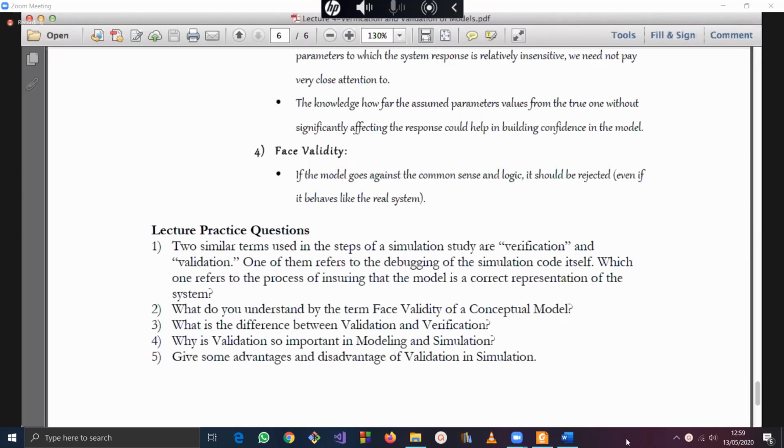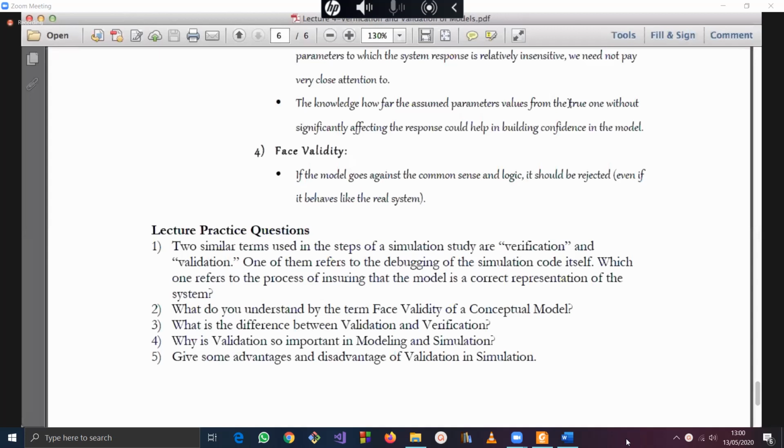Okay. Thank you, Mbali. Maybe on face validity, how will it work? For the face validity, can I look at it first before replying?